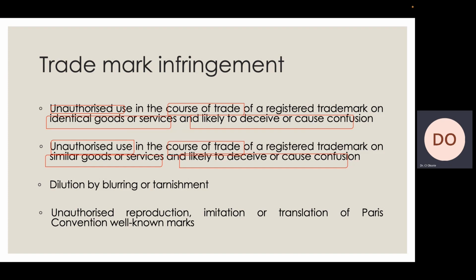And so let's say you have a mark that is a fashion item, that could be used in different ways. So you're talking similar goods or services, but not the exact same kind of goods or the exact same kind of service, and it's likely to deceive or cause confusion.